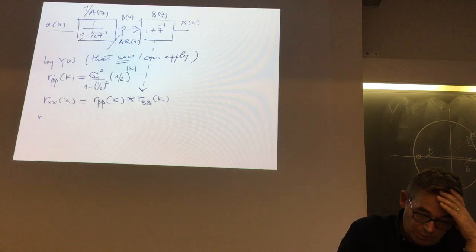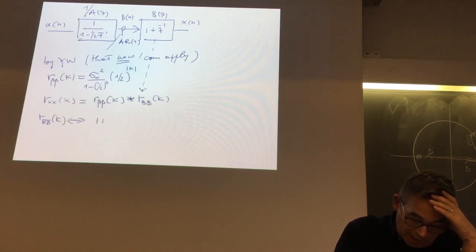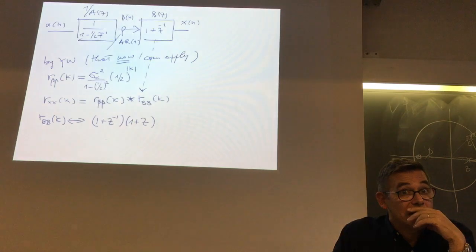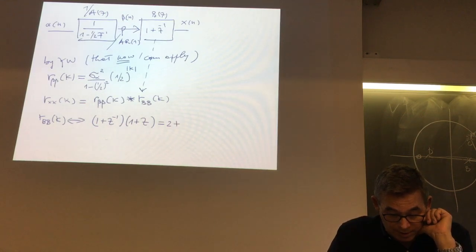To compute RBB, I use the Z transform, and that one is 1 plus Z to the minus 1 times 1 plus Z, by definition. This one is equal to 1 plus 1, so it is 2 plus Z plus Z to the minus 1.